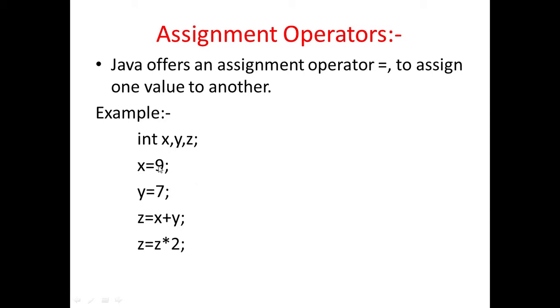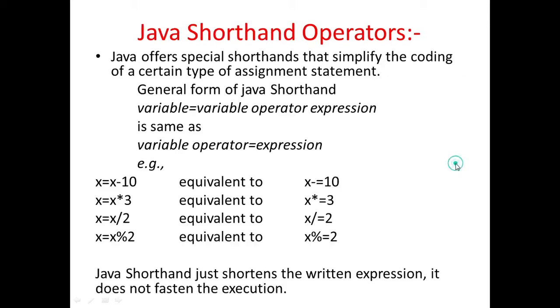Now x equal to 9, y equal to 7. What I am doing actually is assigning the value 9 to x. I am assigning the value 7 to y. I am assigning the value of x plus y to z. I am assigning the value of z into 2 to z. So actually I am assigning one value to another, and for that we use the assignment operator, the single equal to sign.